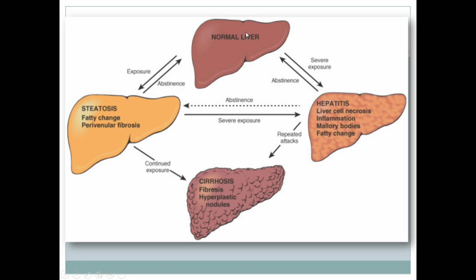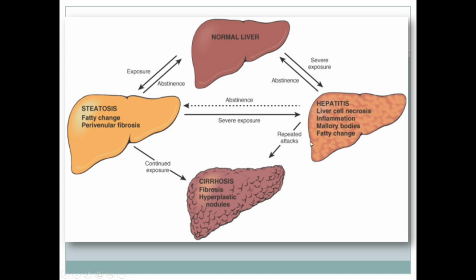Sometimes you know very well that a young boy, very innocent, with peer pressure, going to a party, never having had alcohol before, is forced to drink and has a sudden binge of alcohol. This severe exposure may cause alcoholic hepatitis, which can cause liver cell necrosis and inflammation.